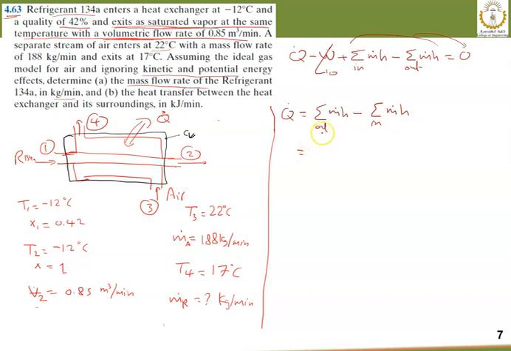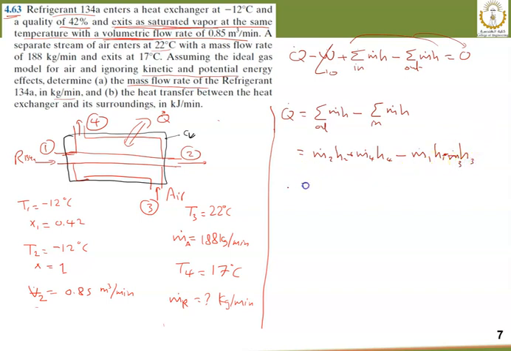The outlets are 2 and 4, so we have m dot 2 h2 plus m dot 4 h4 minus m dot 1 h1 minus m dot 3 h3.